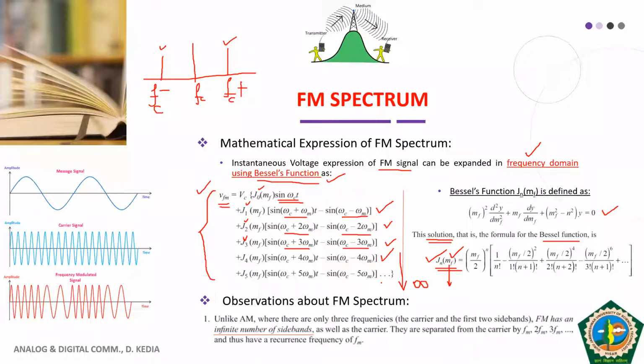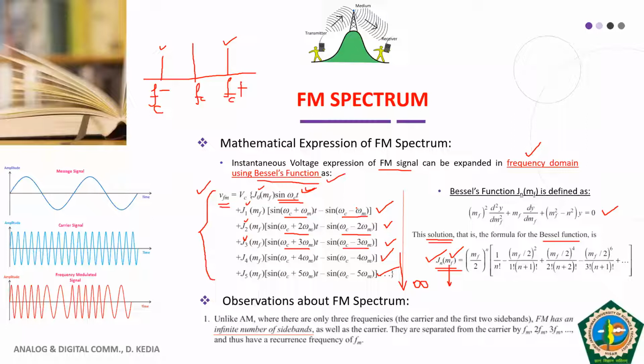Infinite coefficients, and infinite coefficients means infinite sidebands. J0 gives us the carrier part. So in case of your FM signal, we have the carrier frequency and infinite sidebands. That is the main important thing that you must understand here.